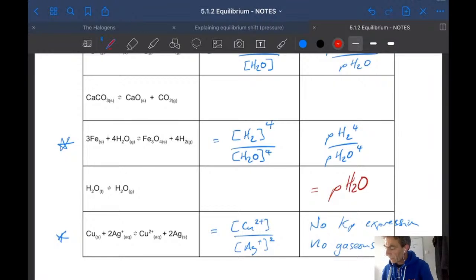Because you've got steam and liquid in that, I would recommend the state symbol goes in there. And the equilibrium constant Kc would just be square brackets H2O gas, because pure liquids have a fixed concentration, so liquid water would be left out of the Kc expression. Sorry about that.